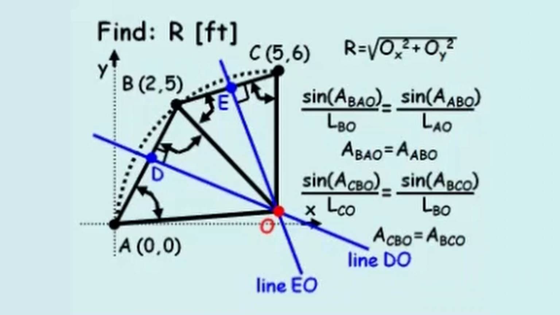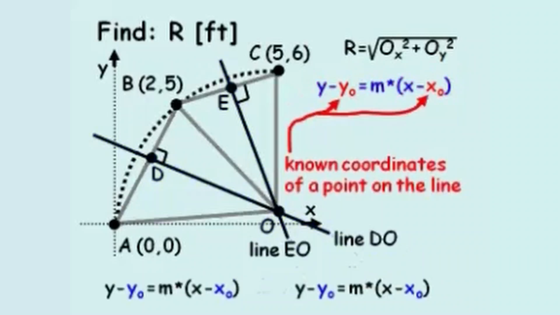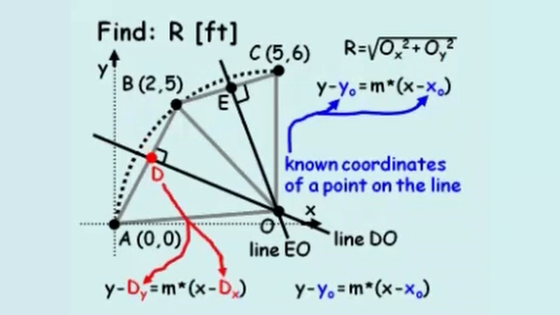The general equation for a line in 2 dimensions is y minus y naught equals m times the quantity x minus x naught. In this equation, x naught and y naught are known coordinates of a point on the line. So for line DO, we'll determine the x and y coordinates of point D, and then substitute those values in for x naught and y naught.